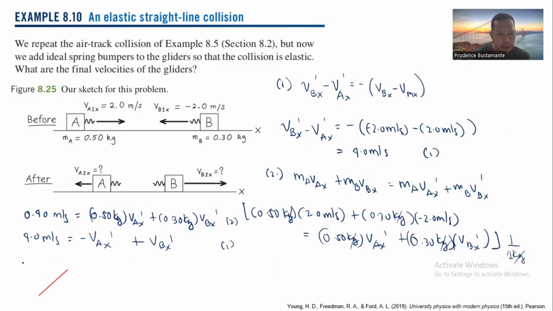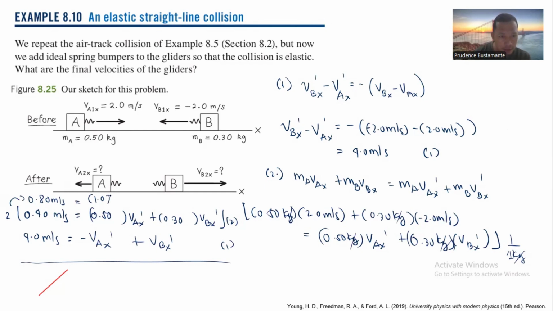If we add these, but before we add them, let's multiply equation 2 by 2 to cancel out. So equation 2 becomes 8.0 meters per second, and the term becomes 1.0, so it's already cancelled. We multiplied it already.